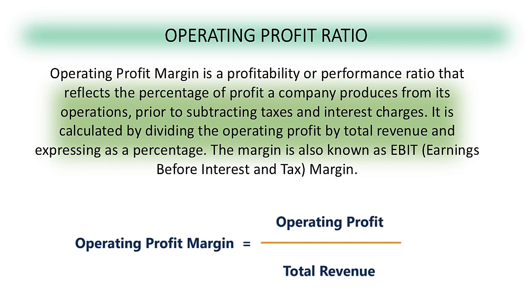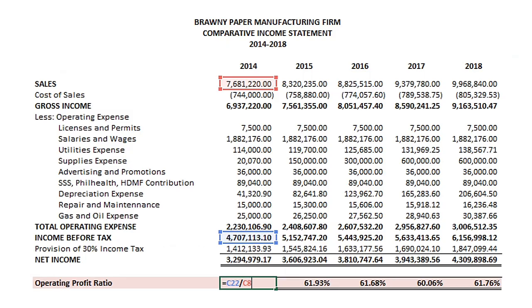So the operating profit margin calculation is the percentage of operating profit derived from total revenue. As you can see in the given example, operating profit ratio can be computed by dividing the income before tax by total sales of the company.